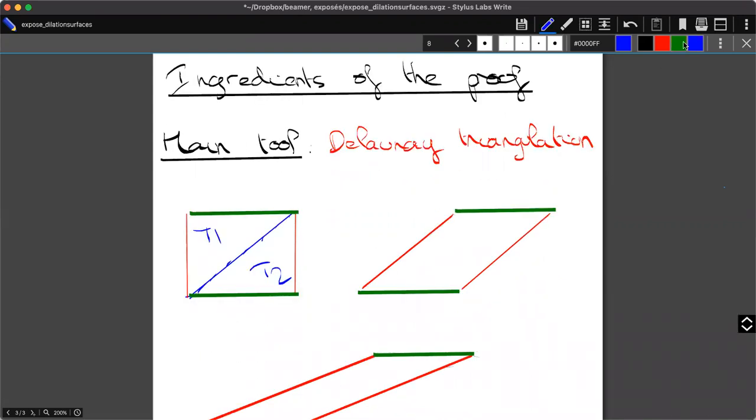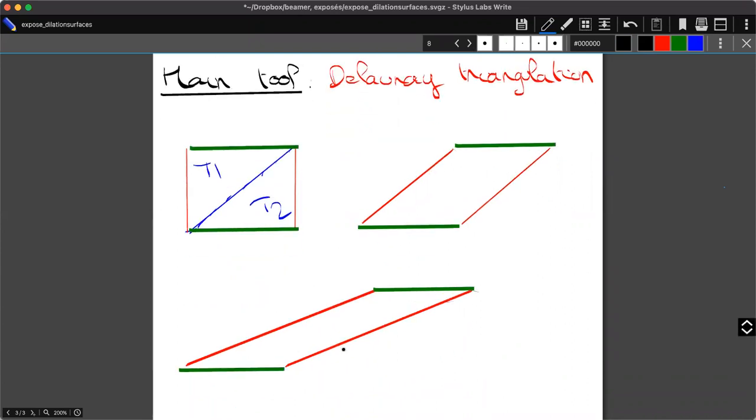For example, we've seen before that this polygon and this polygon share the same dynamical properties. The vertical foliation shares the same dynamical properties, so we would like to say that these are the same things. And the Delaunay triangulation will actually give you the same triangulation for this object, and even this one. So these three polygons are the same in the set of all polygons up to cut and paste.